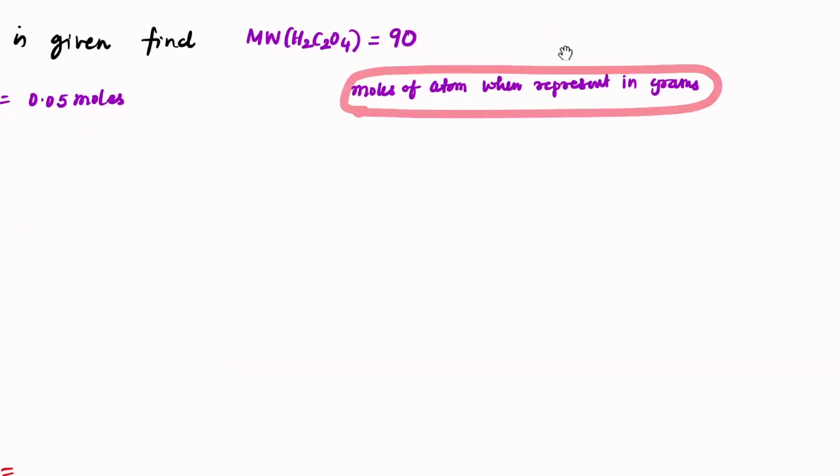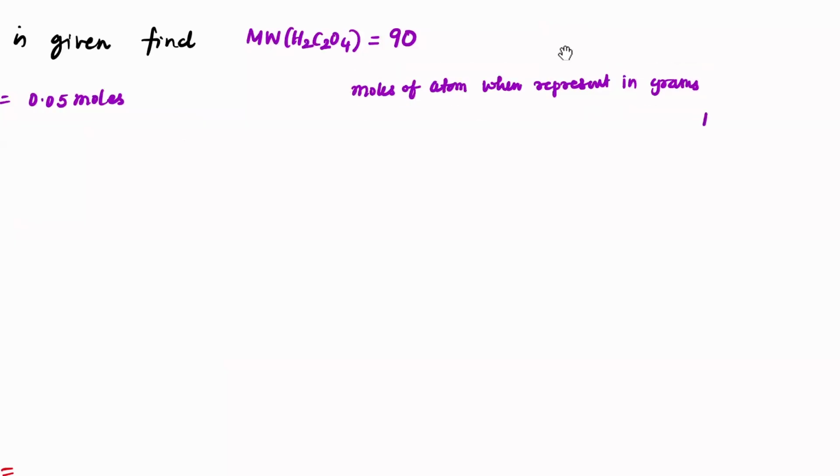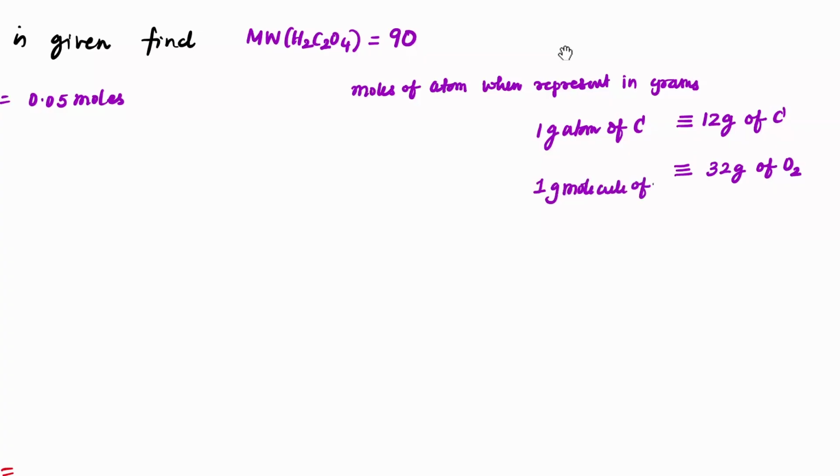For example, if I say this as 12 grams of carbon, the same thing I can also write as 1 gram atom of carbon. Is that point clear? Similarly, if I write this as 32 grams of oxygen, O2, I can write this as 1 gram molecule of oxygen.